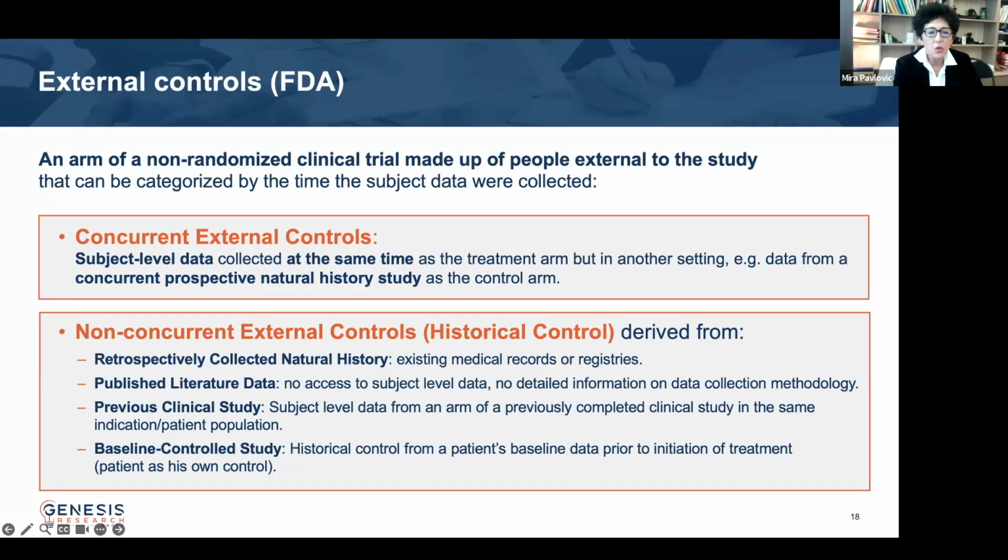Now, with regards to non-concurrent, it is the most frequent situation, meaning either you will look for retrospectively collected natural history to see the evolution of the disease and how it manifests, published literature data, previous clinical study in the same setting, or patient as his own control. So this is all called the historical controls.